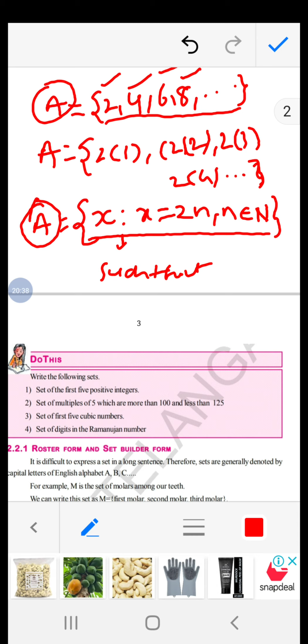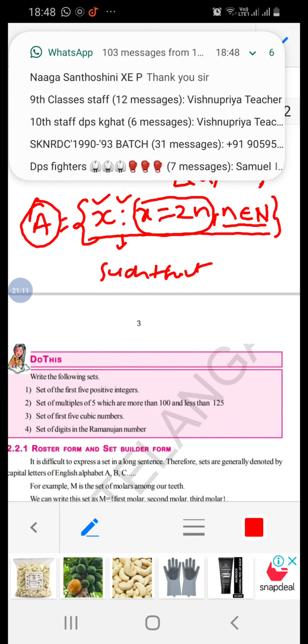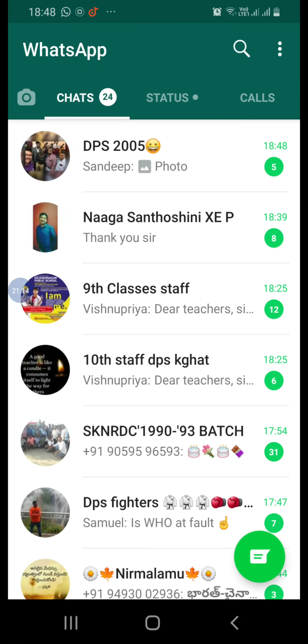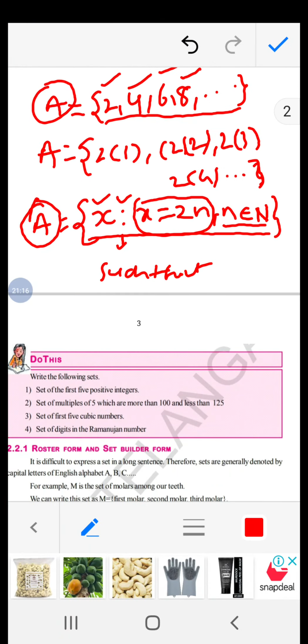In set builder form we describe the form of the number and which elements we include; the conditions are explained there. x is an element such that x is in the form of 2n, and we consider all natural numbers, so n belongs to N. This is how you describe roster form and set builder form.